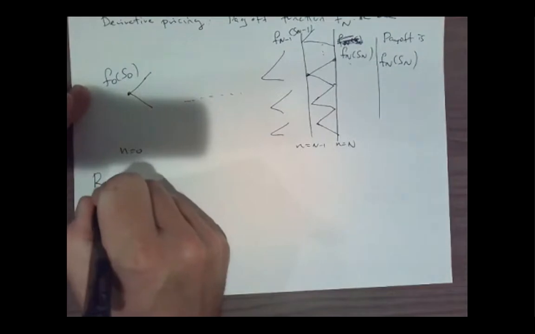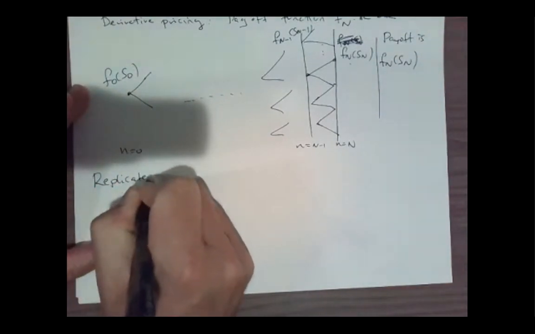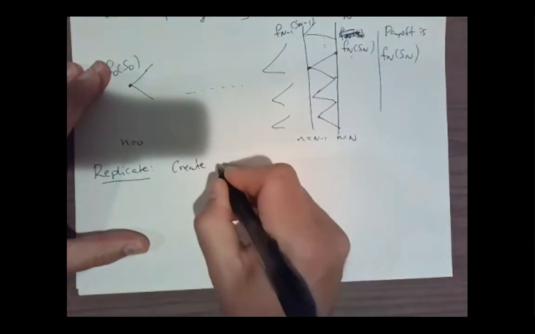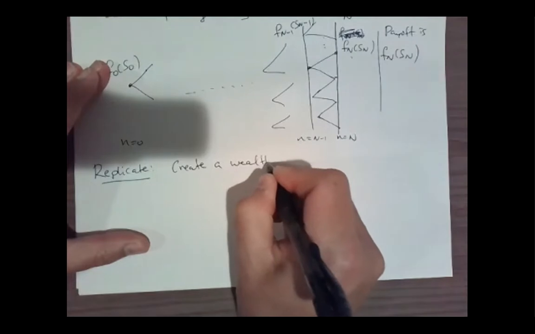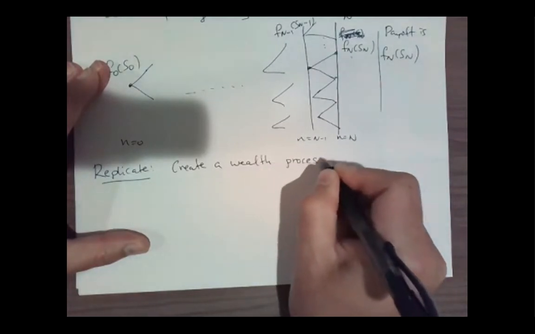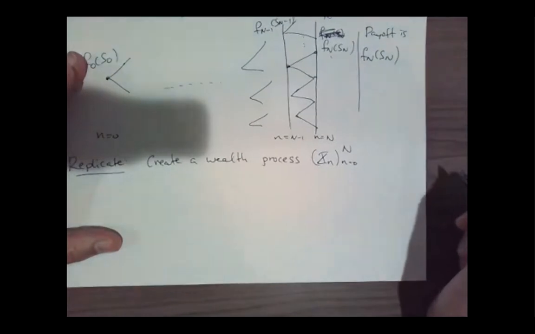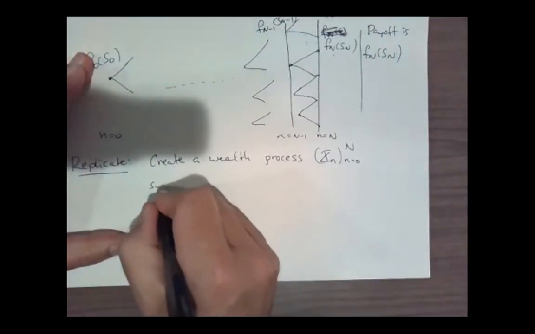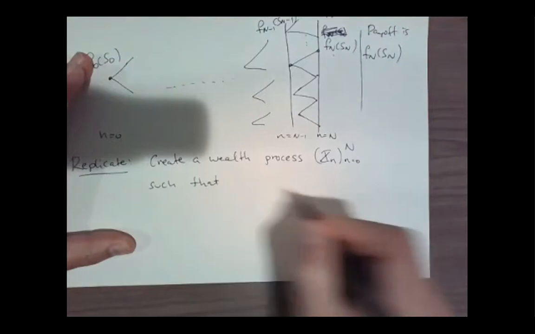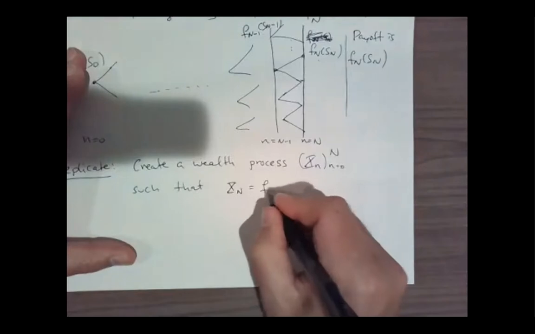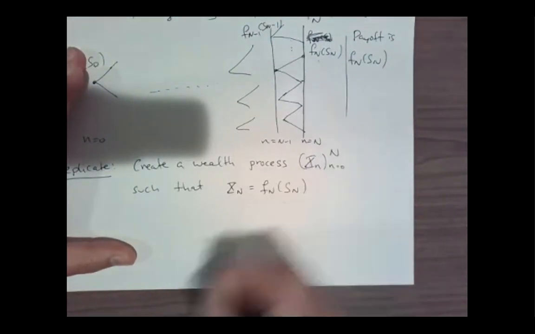Okay, so what you will do is you will replicate, right? You'll create a wealth process. So this will be your xn from n equals 0 to N. You create a wealth process such that x at the end is exactly going to be fn of Sn.